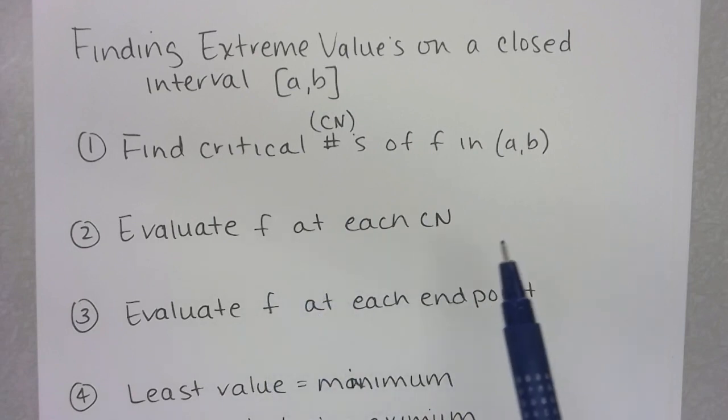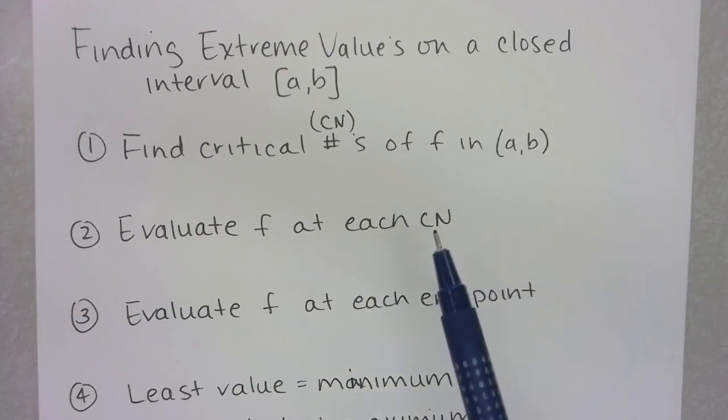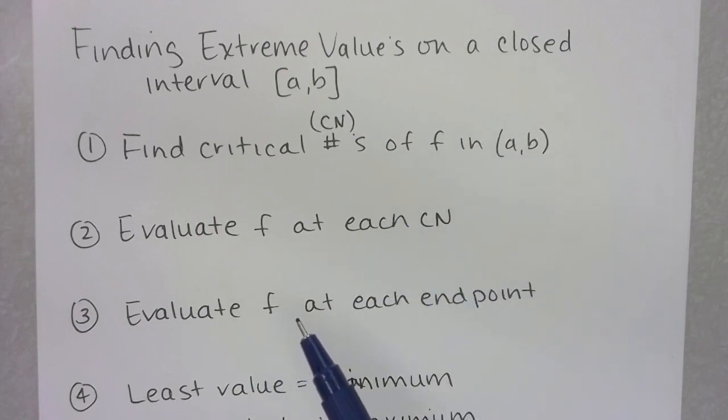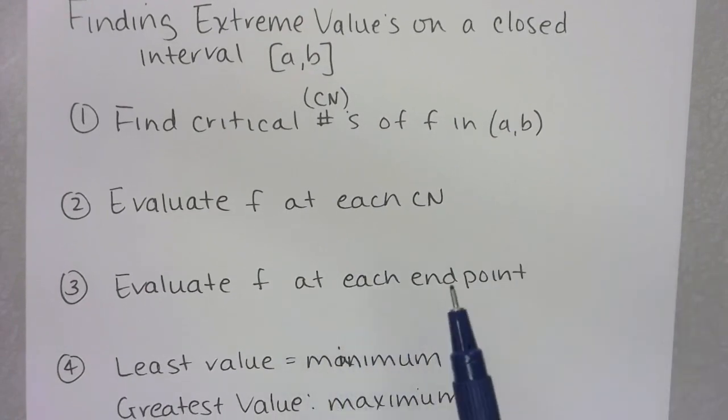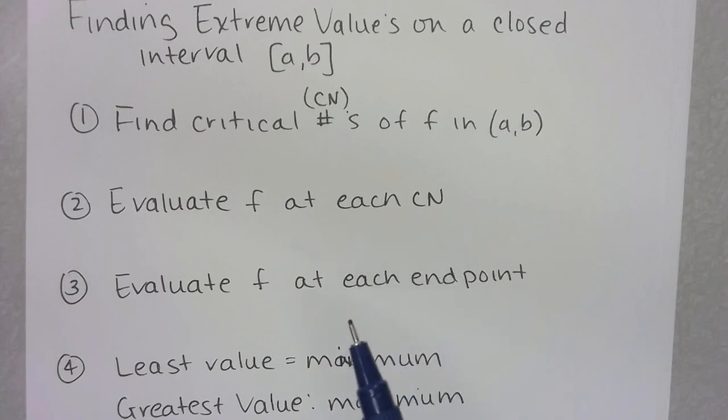Then we're going to take the endpoints a and b and plug them into f, okay? And we're going to see what y values we have. And then my last piece is, once I have the list of all my y values, the smallest y value is the minimum, and the biggest one is the maximum.